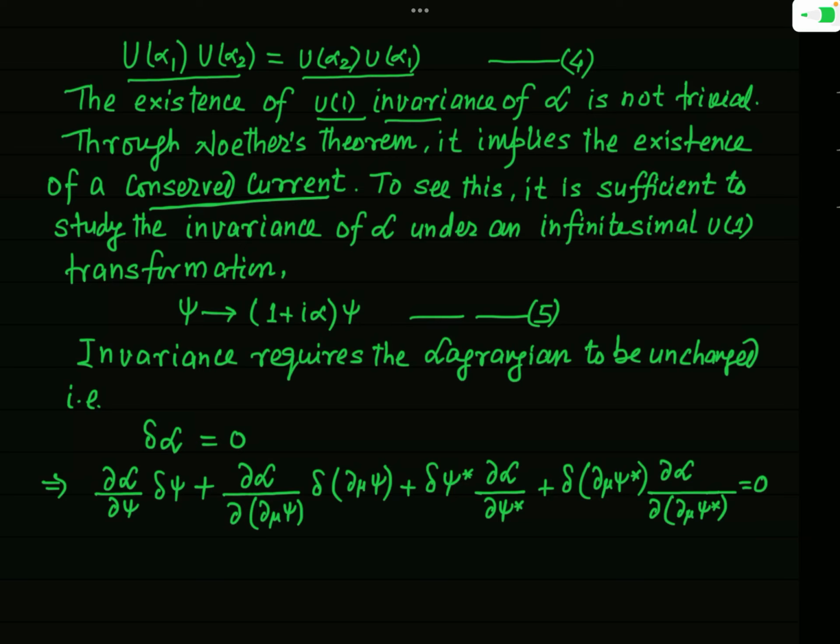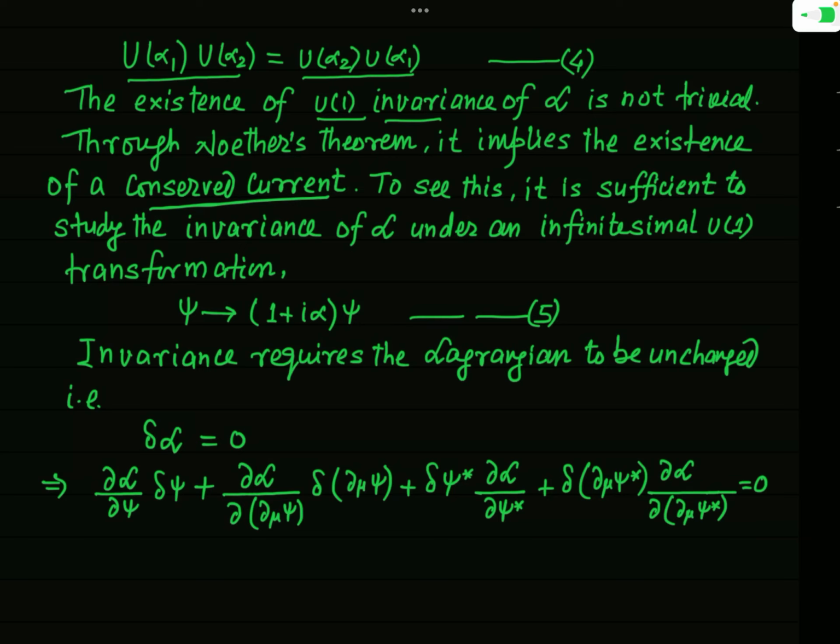If the current is conserved, then only this invariance will be valid. Okay. Now, how can you say that the invariance of this U1 abelian group is not trivial? It implies that there is a conserved current.